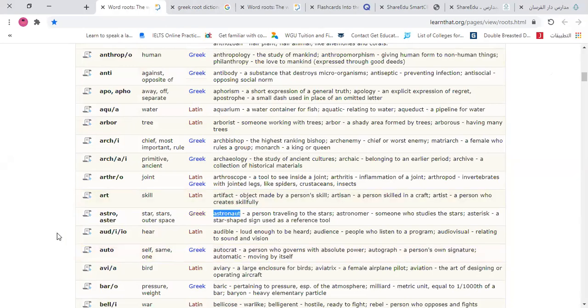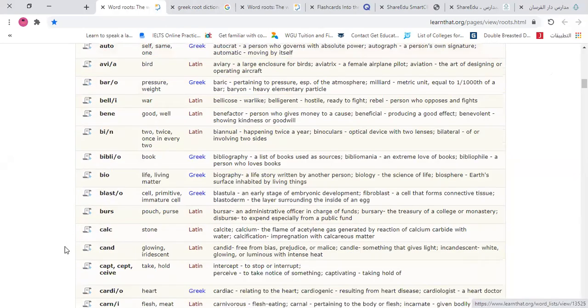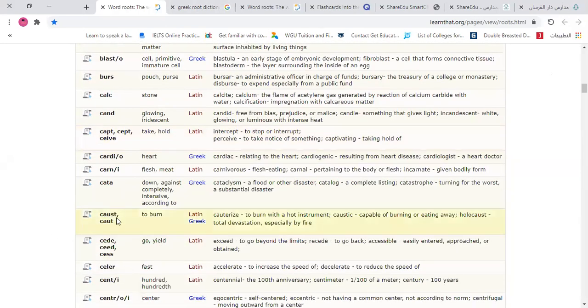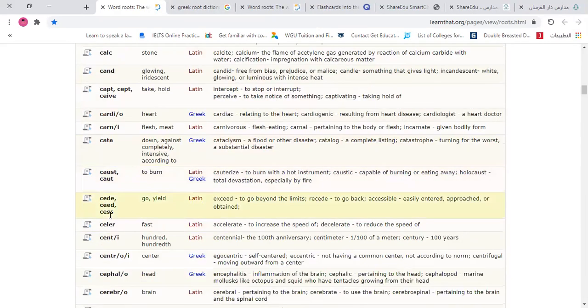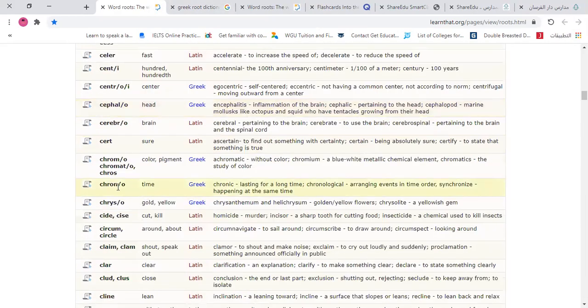Yeah, Miss. Okay. طيب, we have another root right here, which is chron. Chron means time. طيب, let's add it to some words. Chronic means lasting for a long time. When I say chronic disease, it means a disease that lasts for a long time, your lifetime.